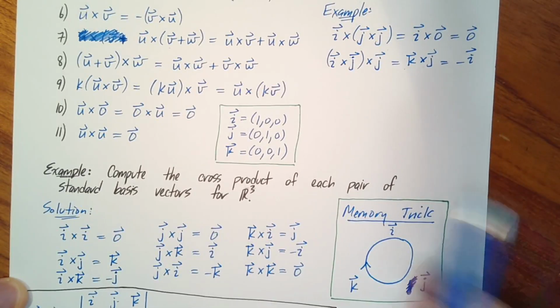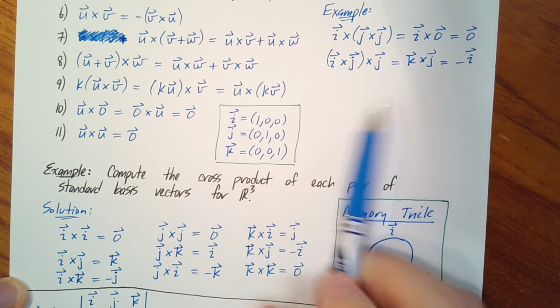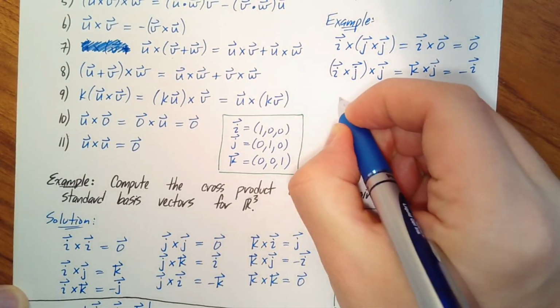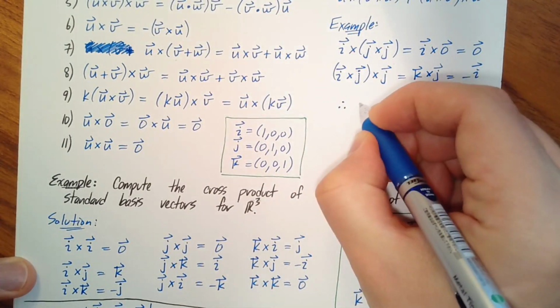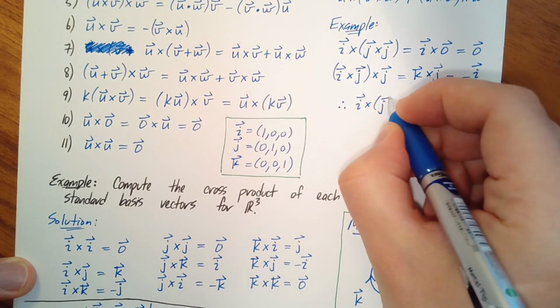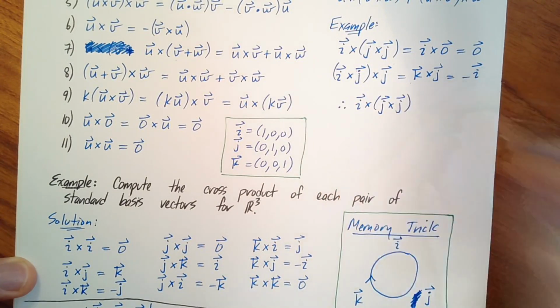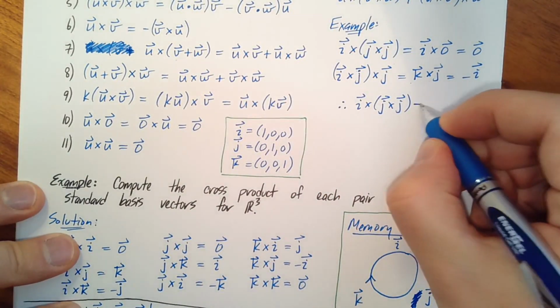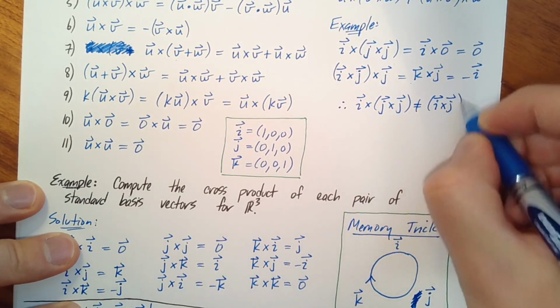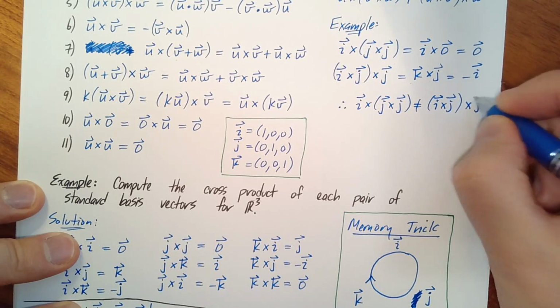So with the brackets around the two j's, we get the 0 vector, but if the brackets are here, we get negative i, which is not the same. So therefore, really the important part here is that i cross j cross j is not the same as i cross j first and then take the cross product with j.